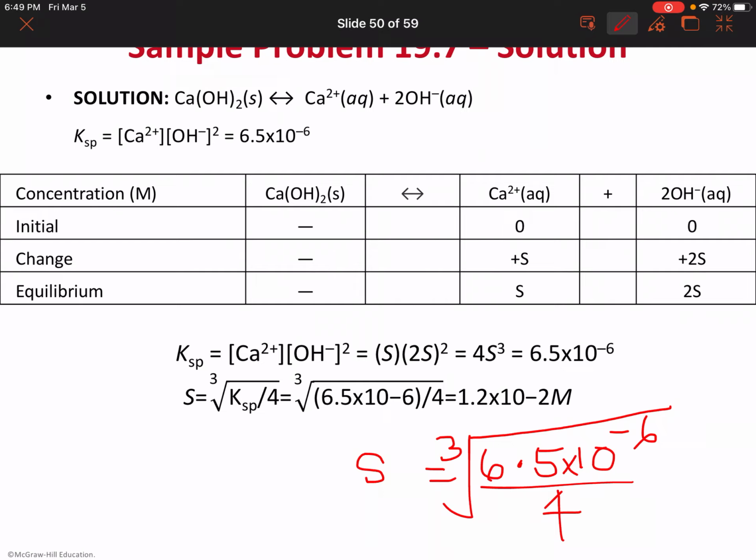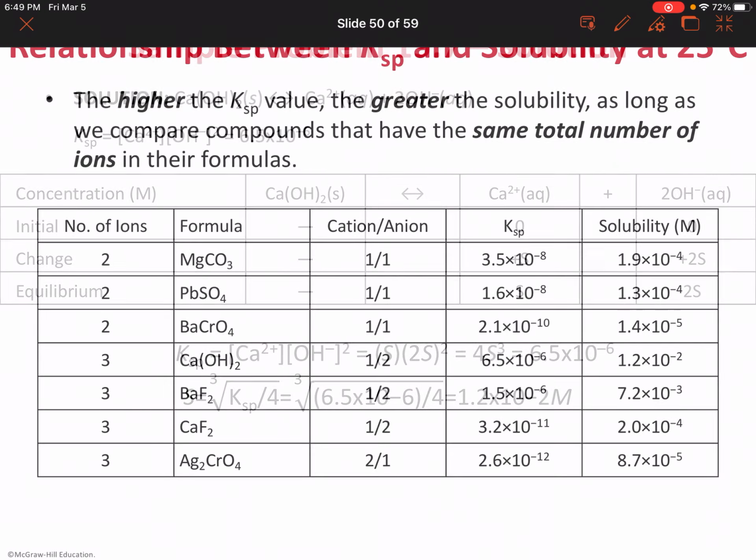Okay. First you will do the calculation under the cube root, and then you take the cube root of that. That will give you the solubility. Okay. That's how you would calculate solubility if the KSP is given.